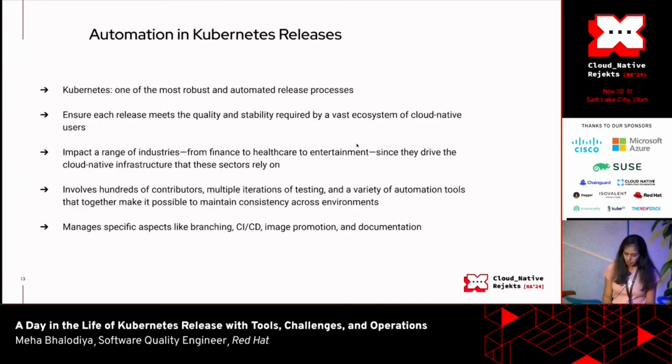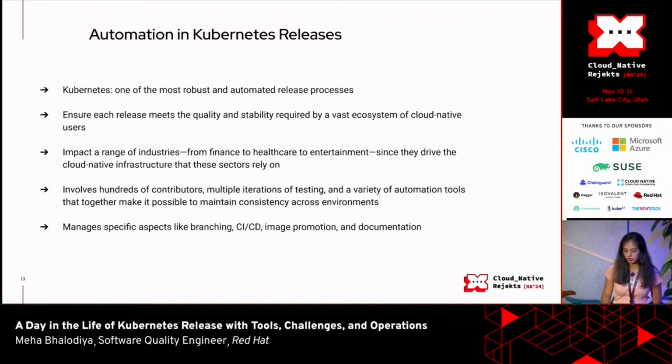Now, let's move to the automation tools, like how we are resolving all these challenges and making the release sustainable. So, yes, the Kubernetes project has established one of the most robust and automated processes in the open source community, which supports rapid development through testing and reliable delivery.